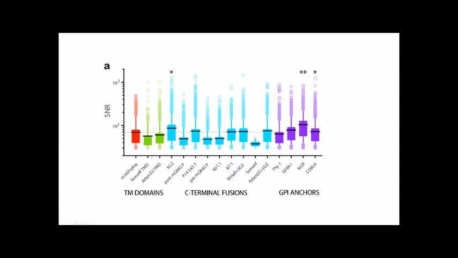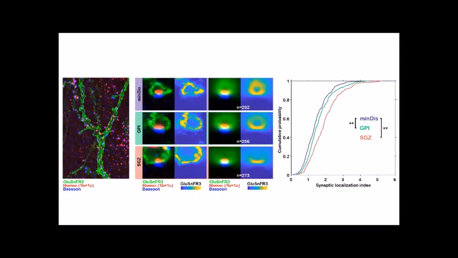This is on a log scale now. We basically found two general classes of these. One is a C-terminal domain from stargazin, which is an anchoring protein or a co-receptor for AMPA receptors and calcium channels. And the other is this family of GPI anchors, which are another way of sending things to the membrane.